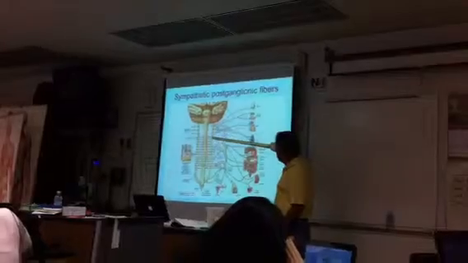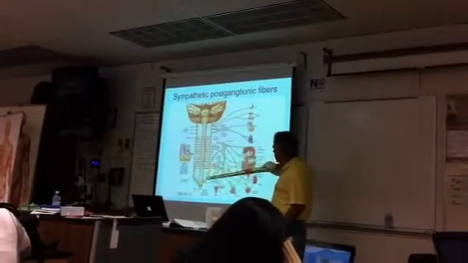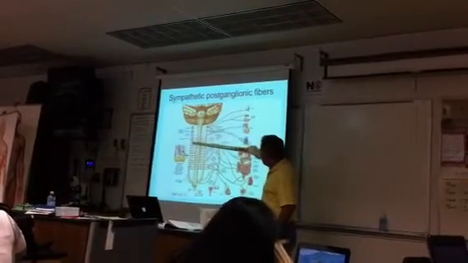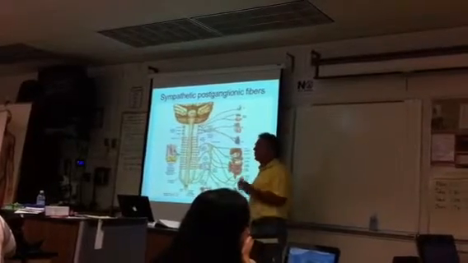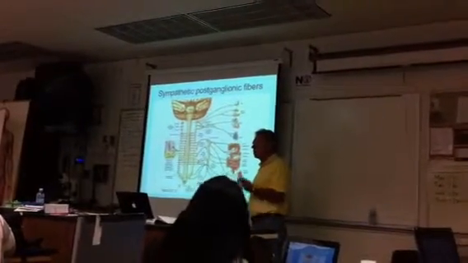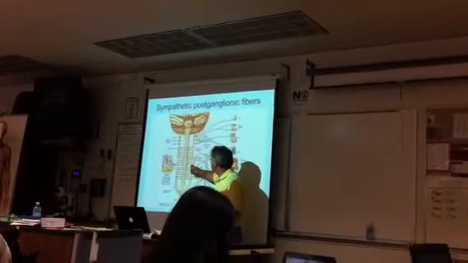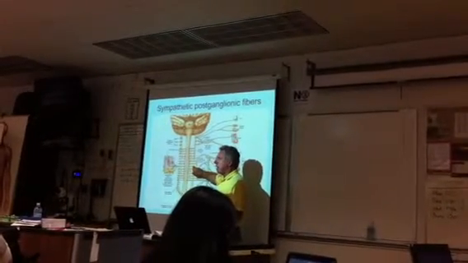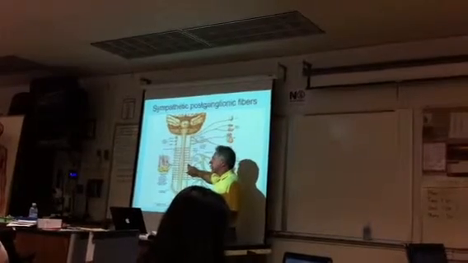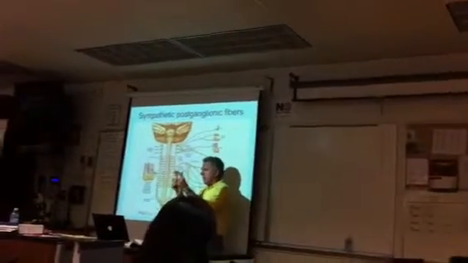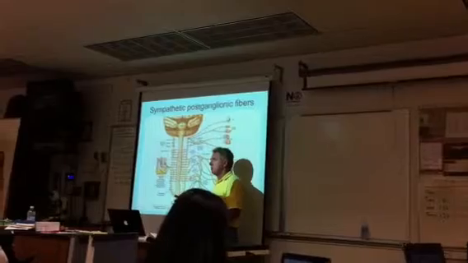See this, it looks like a little string of pearls right along here on this side and right along here on this side. That's what we refer to when we talk about the sympathetic chain ganglia. Each one of these little round things is a ganglion, and it's connected to the next one above or below by a short segment, which we call the sympathetic trunk.